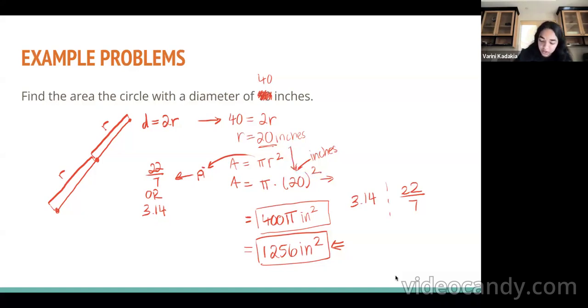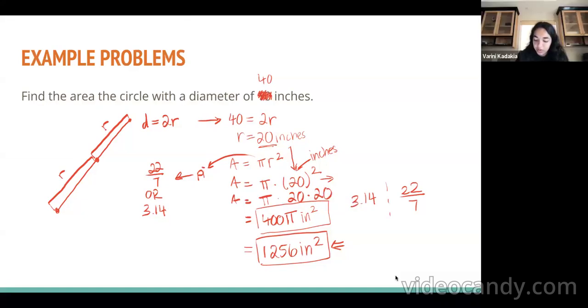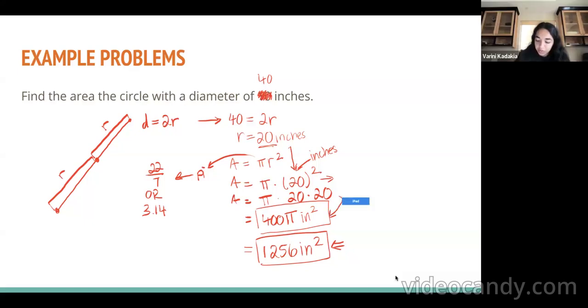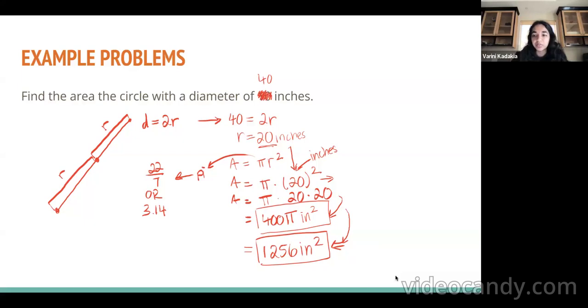So our area is going to be pi times 20 times 20. That means our answer would be either 400 pi, or if we multiply it out using one of these, 1,256, or sorry, 1,256 around there. Does that make more sense?